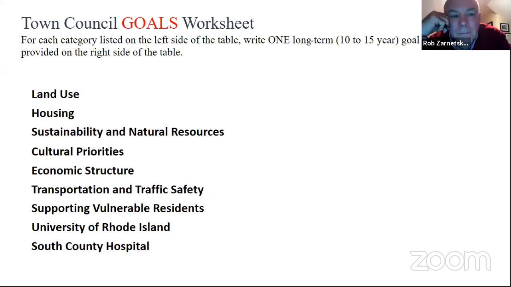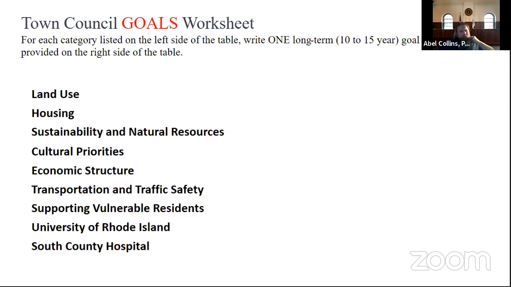All right. Anything in housing that we need to touch on tonight? All right, what about sustainability and natural resources? This is where we were, I think, when we got into the discussion about the comprehensive plan.